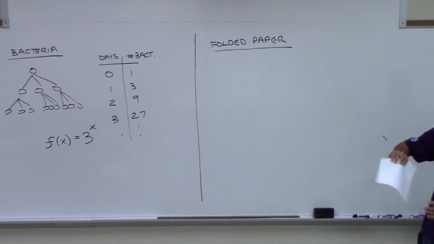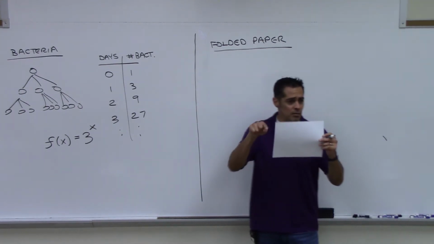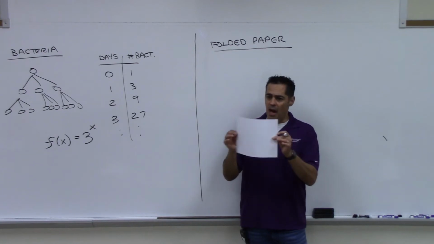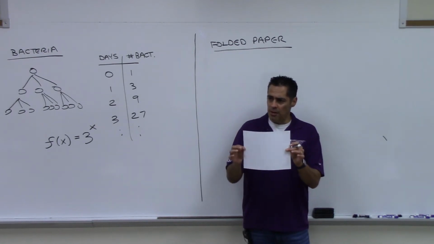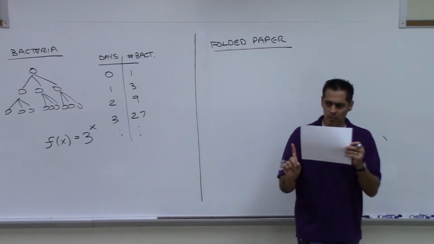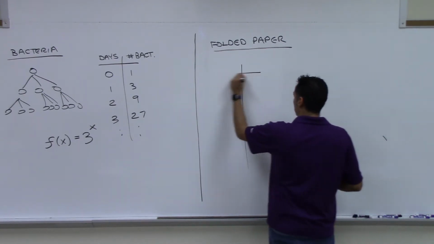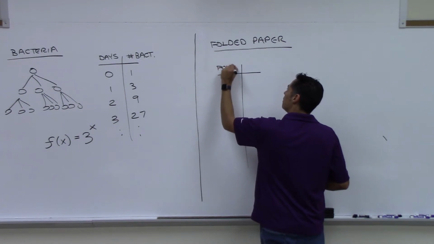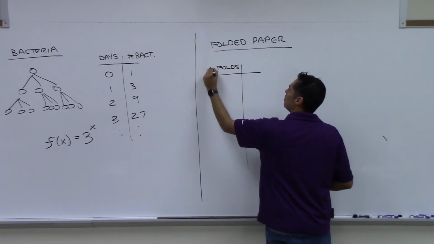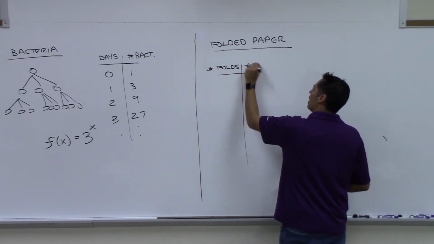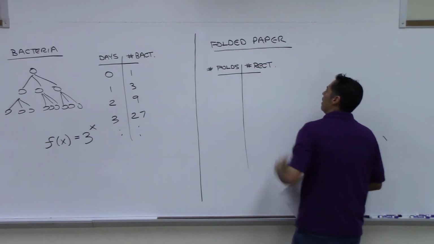So I have a piece of paper here. Would we all agree this is a rectangle? I have not folded it, and you see one rectangle. So I'm going to make a table here with the number of folds and the number of rectangles that you see, okay?